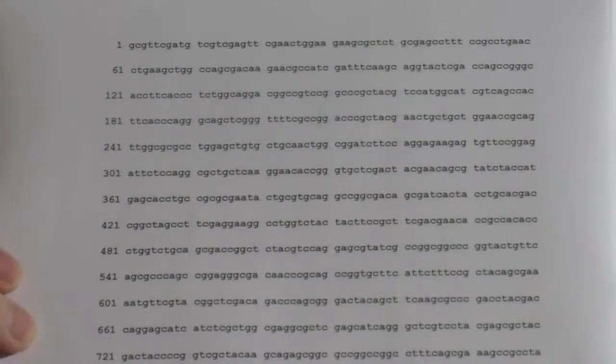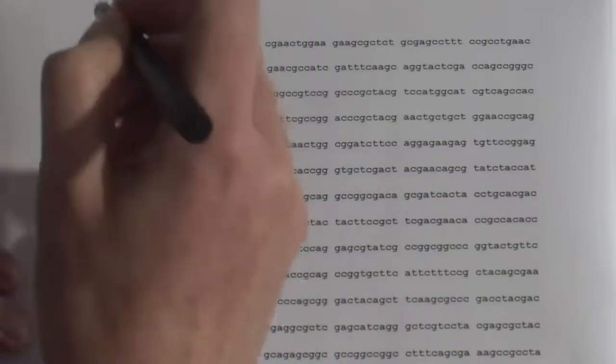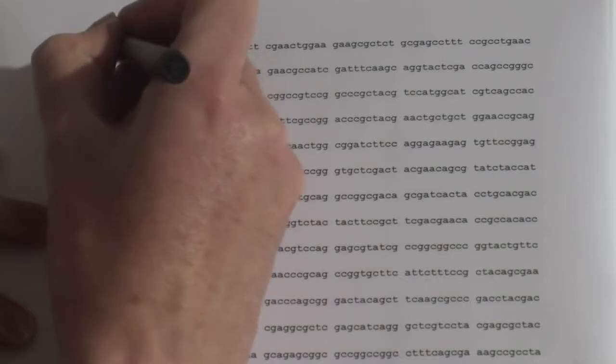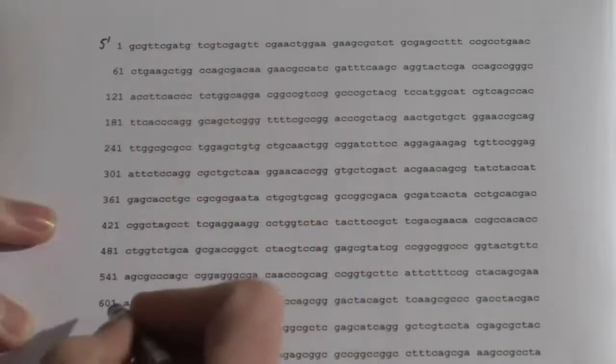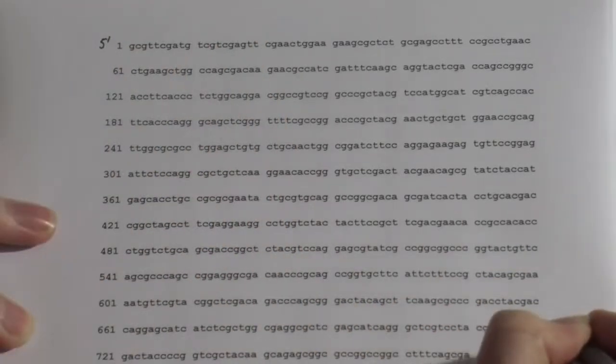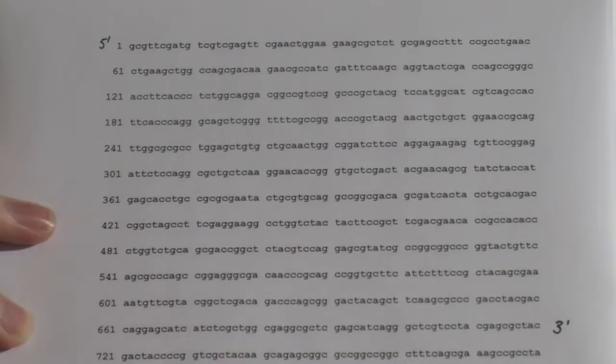In this example, as is often the case, we're only being shown one strand of the double-stranded molecule of DNA. And it's always the upper strand that is shown, which means that it will be running 5' to 3' in this direction here.